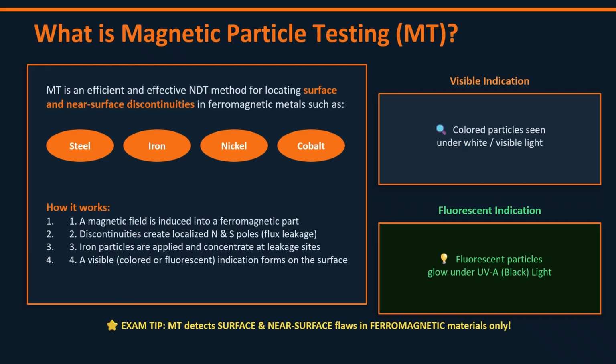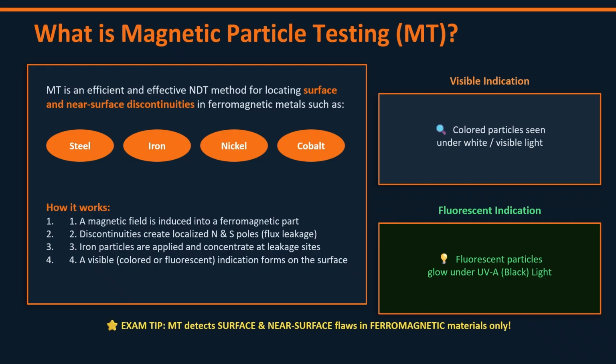MT is also practical on irregular shapes. A weld attachment, shaft, flange, casting, or complicated forged component does not necessarily need to be machined into a simple geometry before it can be inspected. Portable yokes and other equipment can be taken directly to the work site, which is particularly valuable during plant shutdowns.